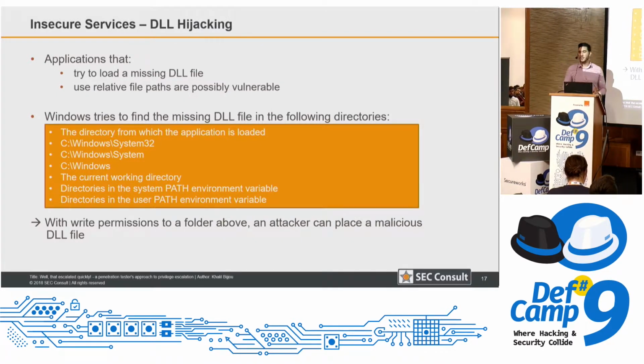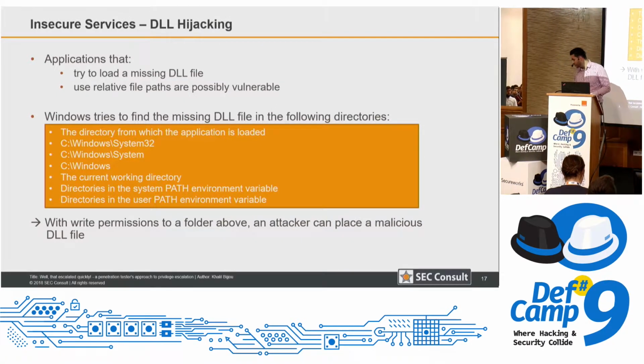Another very interesting but a little bit complex attack and technique is called DLL hijacking. Applications that are started normally try to load DLL files at runtime. If the DLL file is missing, meaning it tries to load a DLL file that does not exist, and it uses a relative path and not an absolute path, then we might have a vulnerability.